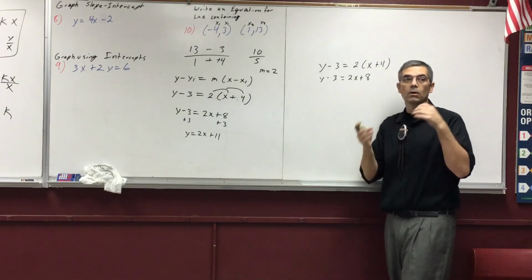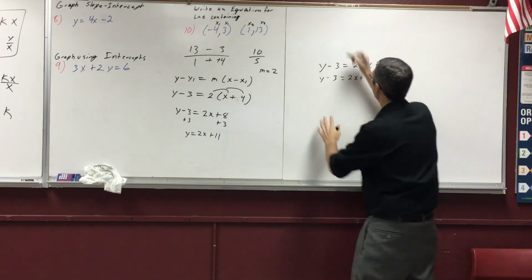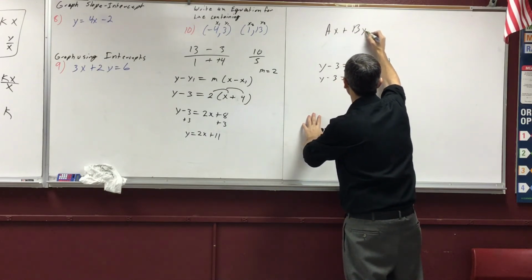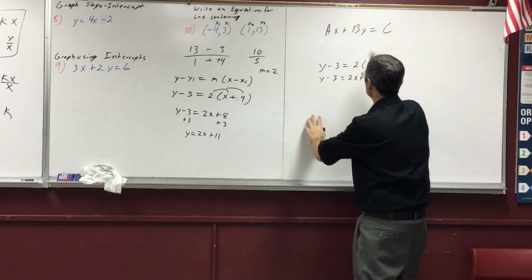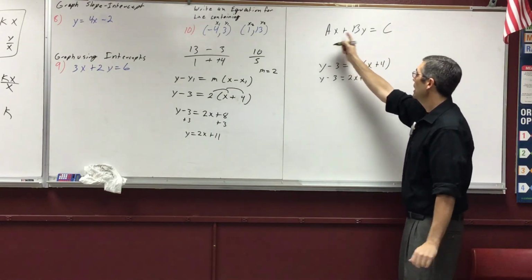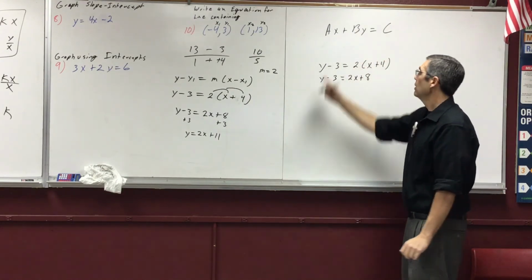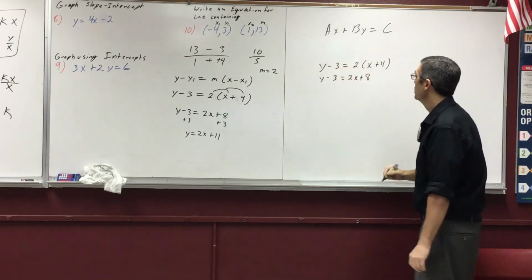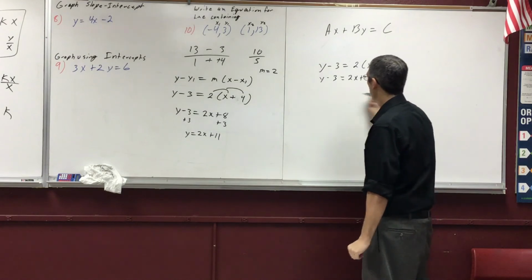Now remember, standard form is ax plus by equals c. That's what we're trying to go to. A, b, and c are integers. A cannot be negative. So, here, we're going to move this around.